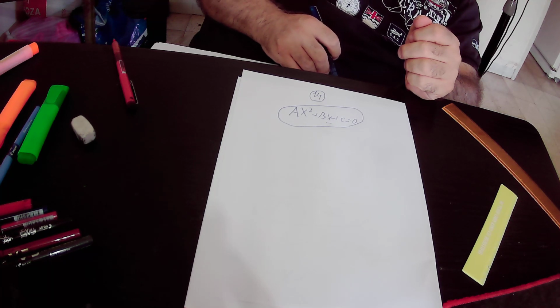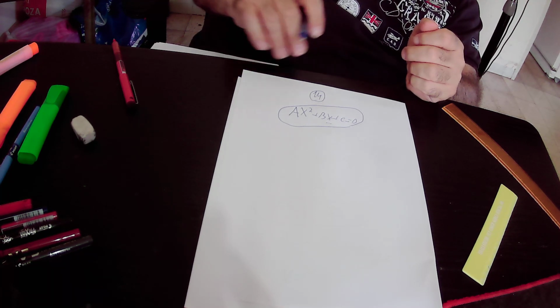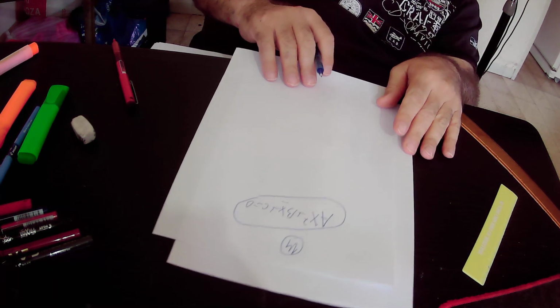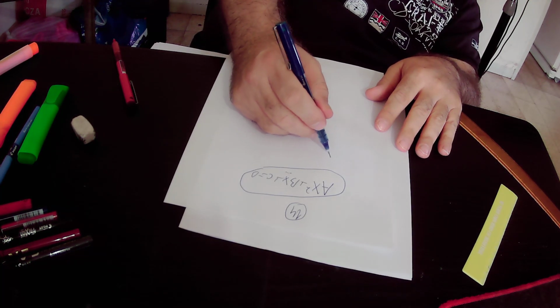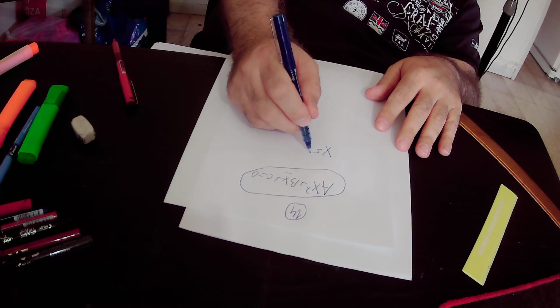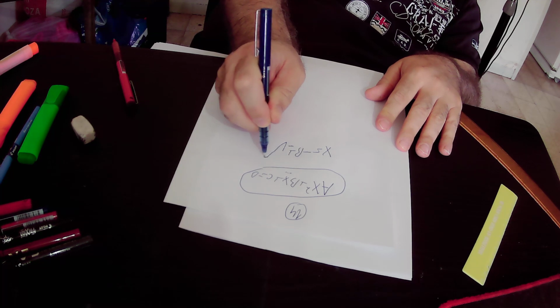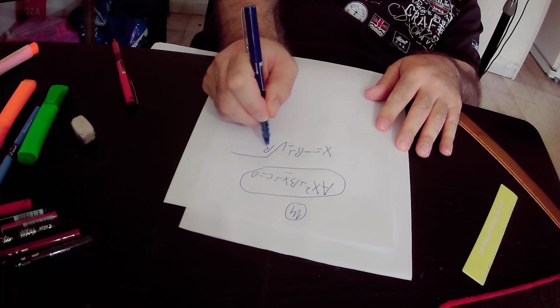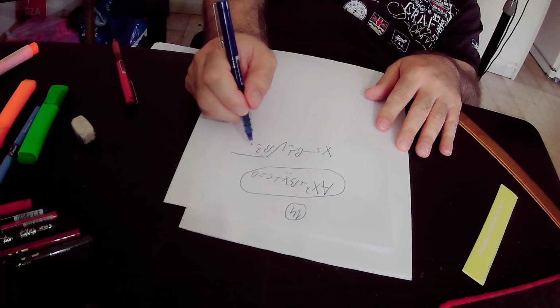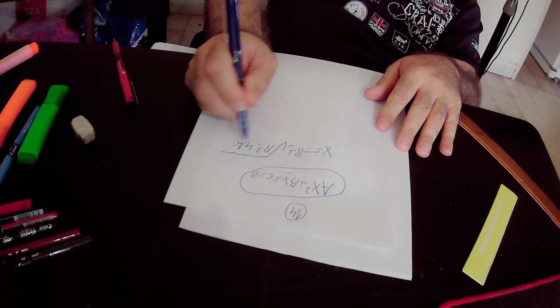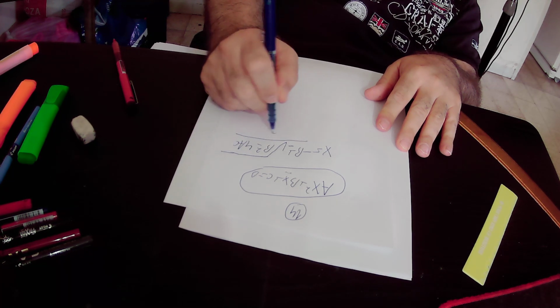And we'll find out the value of x according to a special formula that states that x equals minus b plus minus root of b squared minus 4 times a times c, over 2 times a.